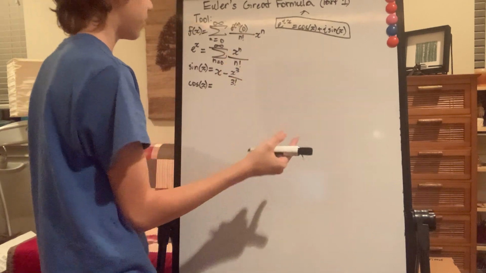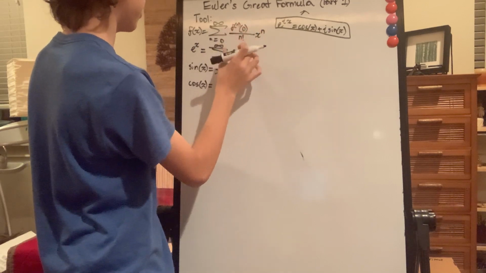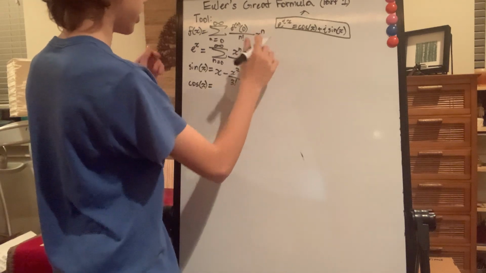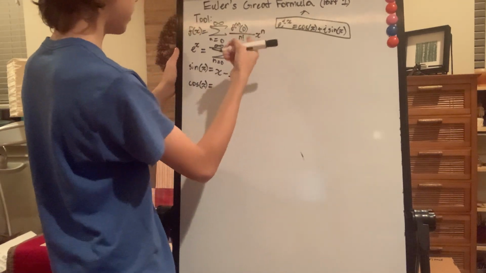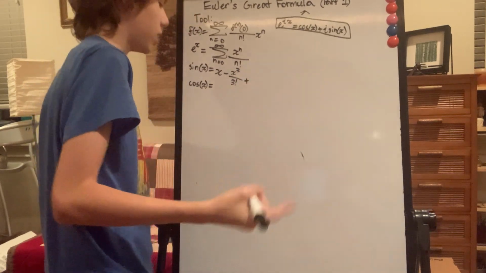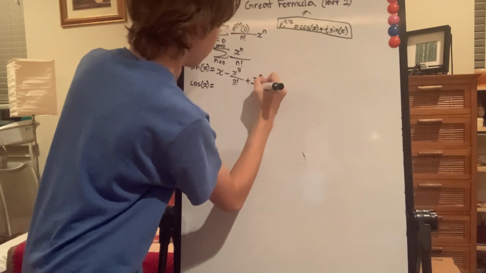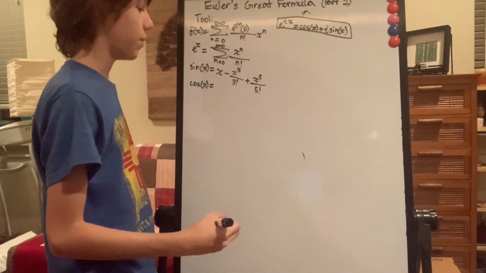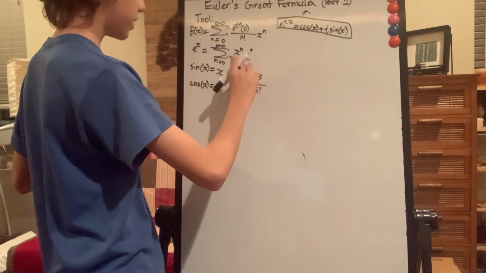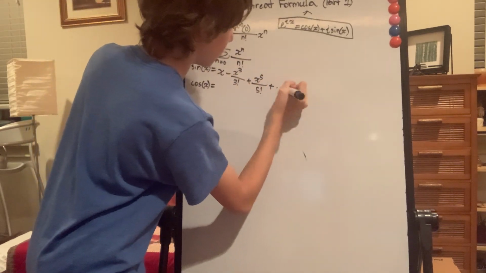We're only looking at the odd terms, so the n equals 5 term: our next derivative is positive cosine, so we get plus x to the fifth over 5 factorial. And hopefully you see the pattern already. We're getting an alternating series here, and this goes on forever, of course.